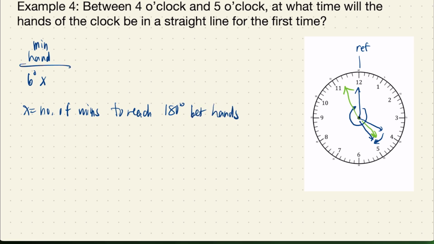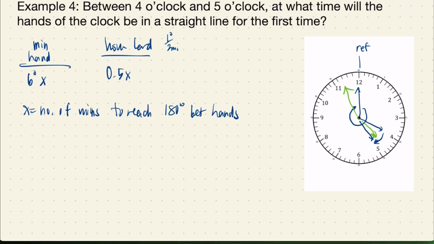Okay? For the minute hand, it's 6 degrees x, and then for the hour hand, if it moves around here, by the way, it moves at 1 degree per 2 minutes, or 0.5x.